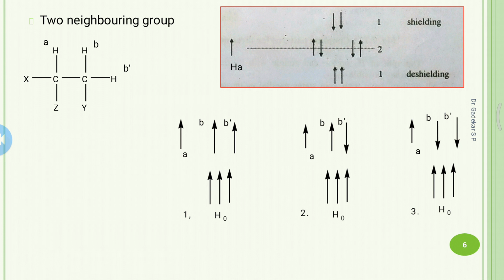Here are three examples: first, second and third. First, let's discuss the first example.